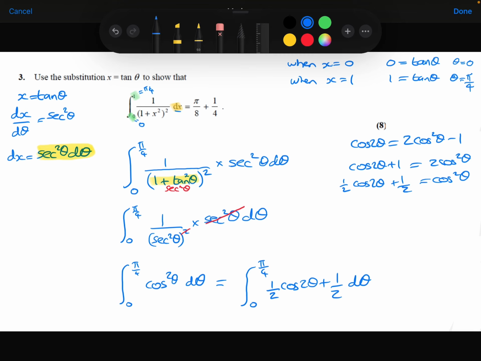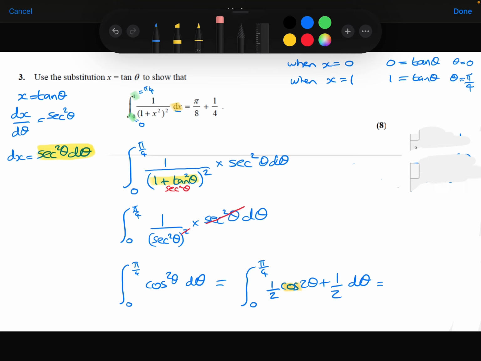Because the cos in the first term, cos is going to integrate to be sine. So, like I was saying, the cos is going to integrate to be sine.